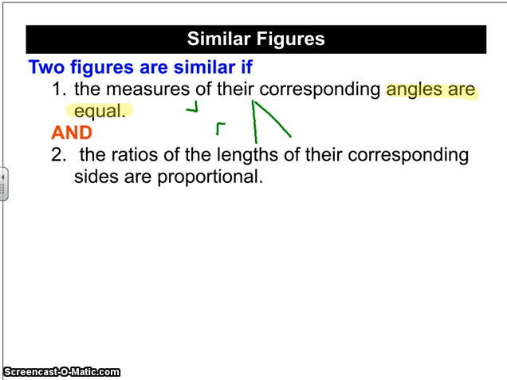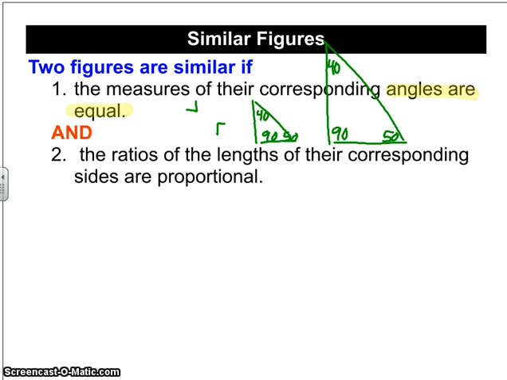If I have a triangle that has a 90 degree angle, a 40 degree angle, and a 50 degree angle, and a larger similar triangle, the angles are also the exact same: 90, 40, and 50. So when we're looking at similar figures, they are similar if the angles are equal to each other. The angles have to be equal to each other.